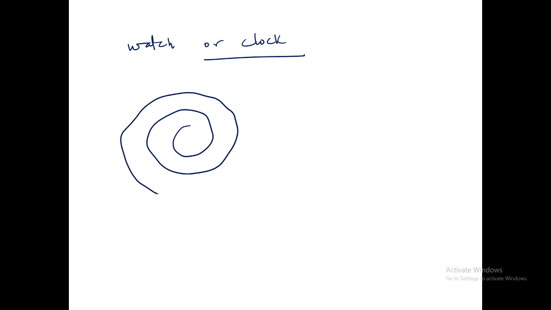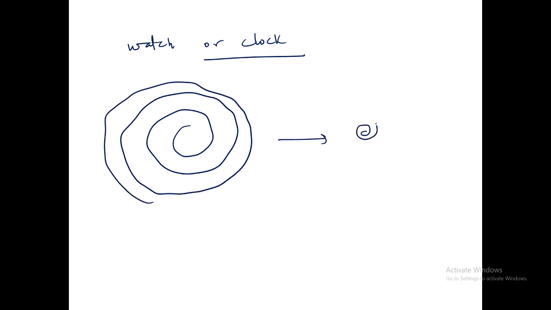Second, when a watch or clock is wound up, some work is done on the spring of the watch and it gets coiled more tightly. So this is the case, this is coil, and afterward what happens?